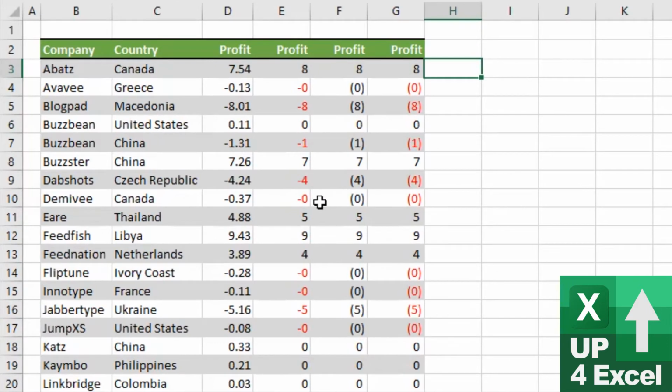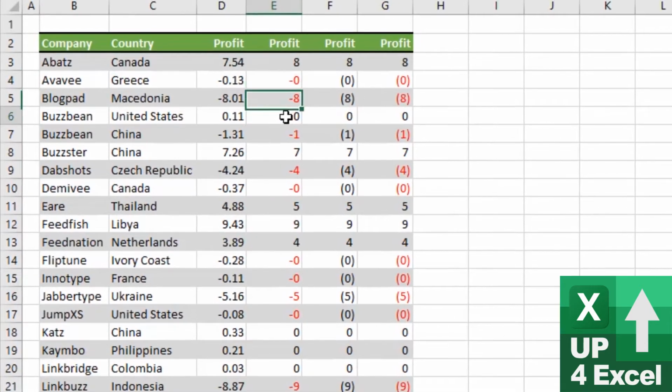When it comes to presenting data, I like it to be right, and I don't like it if it's messy. I don't want borders in the wrong place and things like that. And one of the things that really bugs me about these number formats straight away is that if you look at this cell that I've got highlighted here, it's a 0, but it's got a minus sign in front of it and it's red.